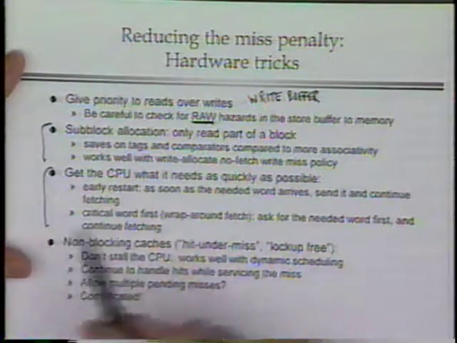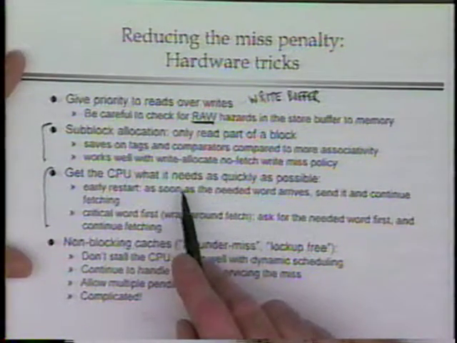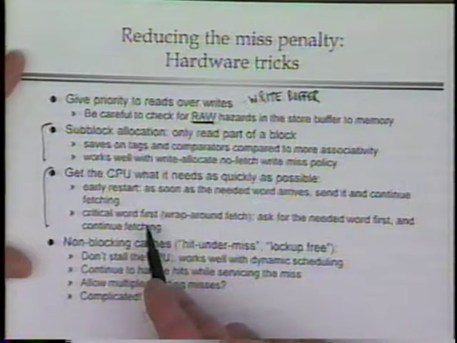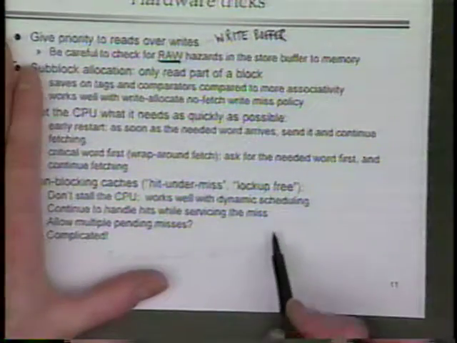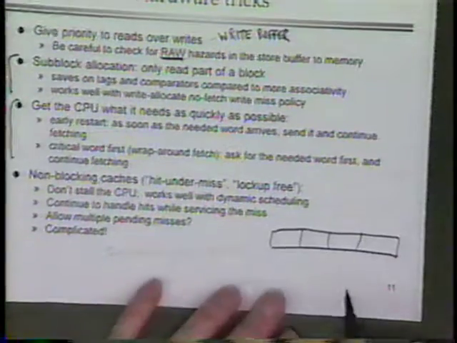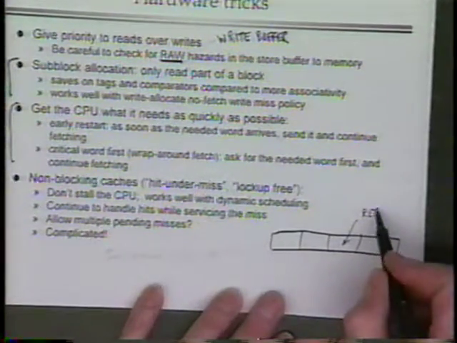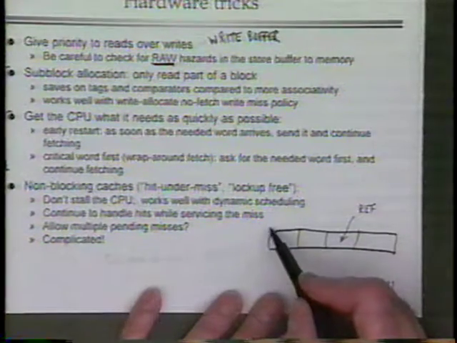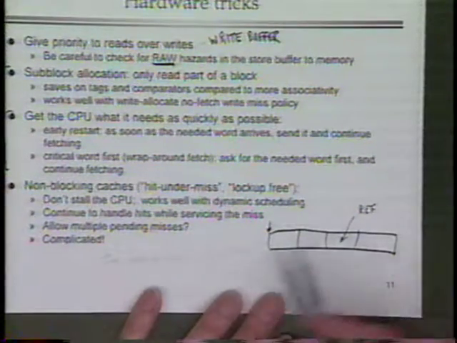Another strategy is to, when you do a miss and are going to fill up the entire cache line, fetch the critical word first. Fetch the one that the CPU is actually asking for before you fetch the rest of the line. Remember that we've got a cache line here with multiple words in it. The CPU may have made a reference to the third word. If you follow the naive algorithm, you're going to say, well, this line, based on the index part of the address, is not in the cache anywhere.